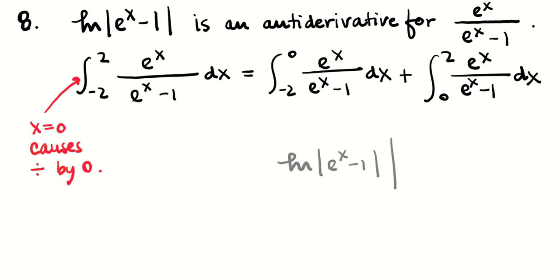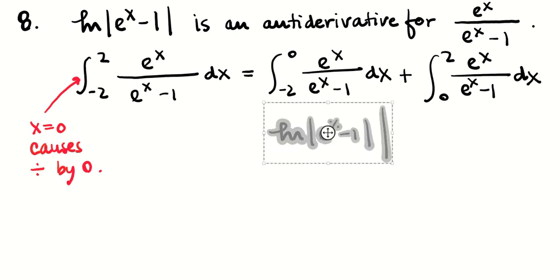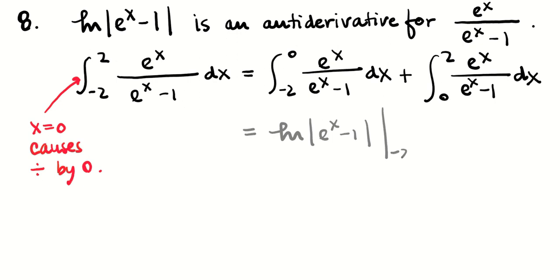But if you've done enough of these, you know that you can work one of them to see if it converges, and whatever happens with the one will happen with the other. So, all right, I'm going to move this back up. So this is the antiderivative, top and bottom.